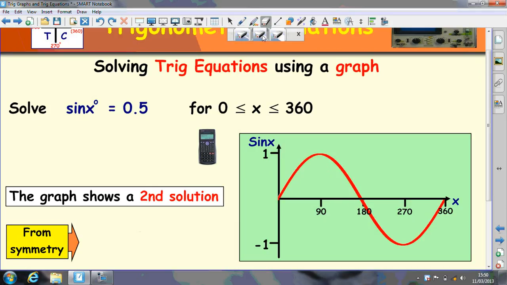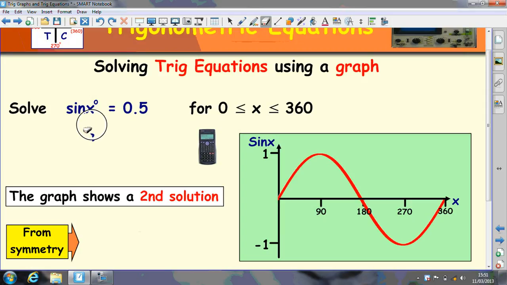So the first thing to do, and you need a scientific calculator for this, is to work out what x is. Now when we're doing that, we inverse sine 0.5, you do the opposite of sine, which is undoing it. That's the inverse sine.